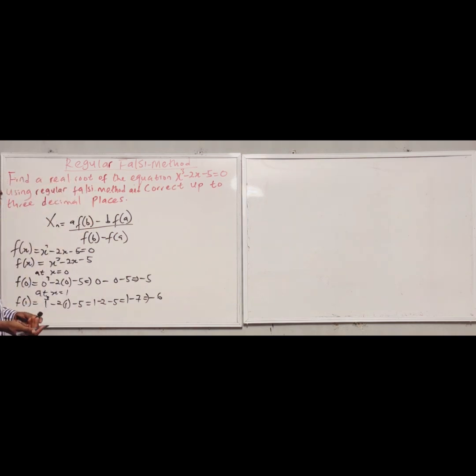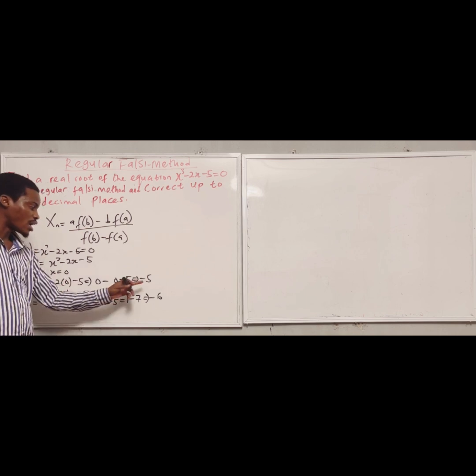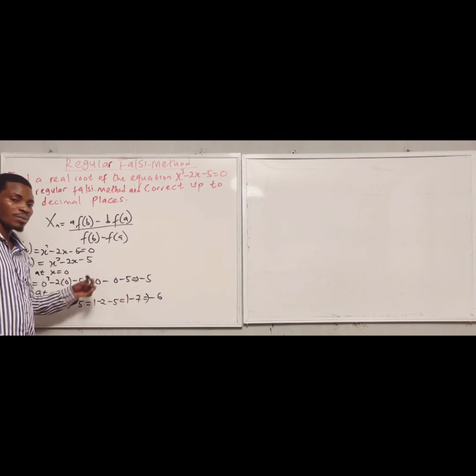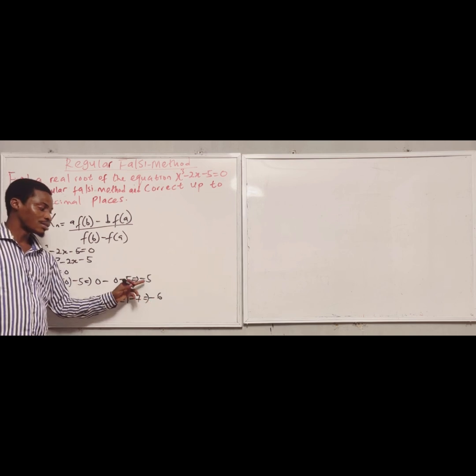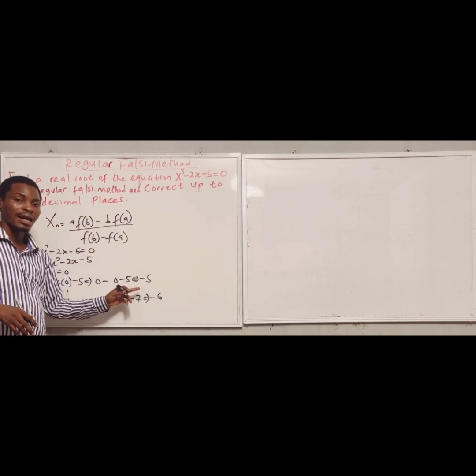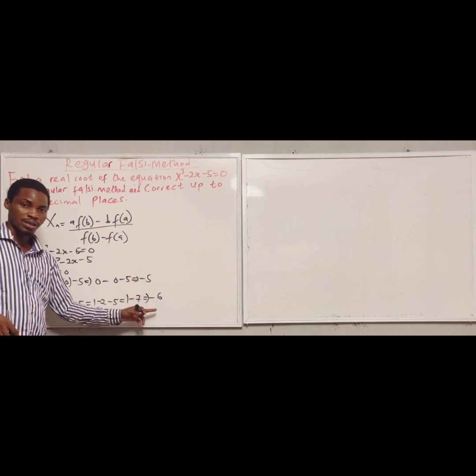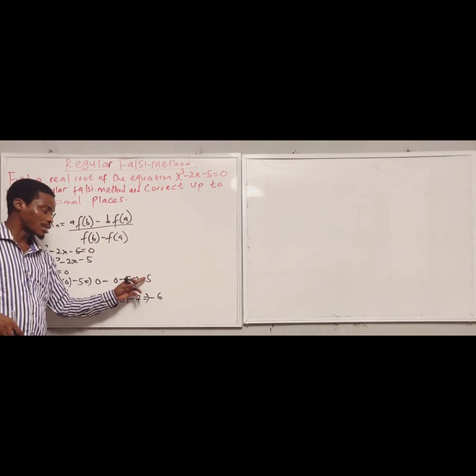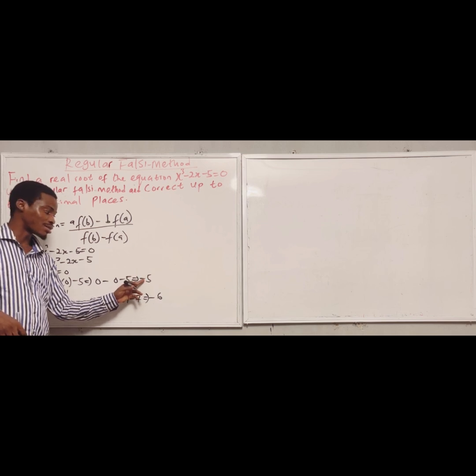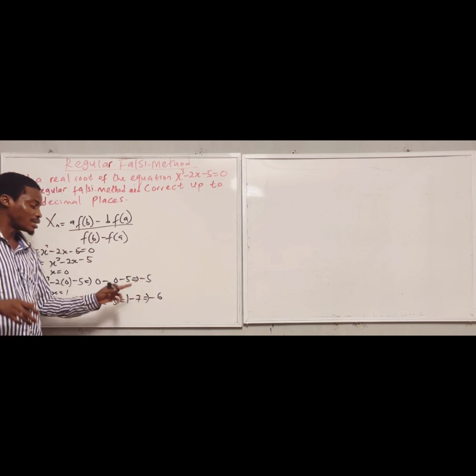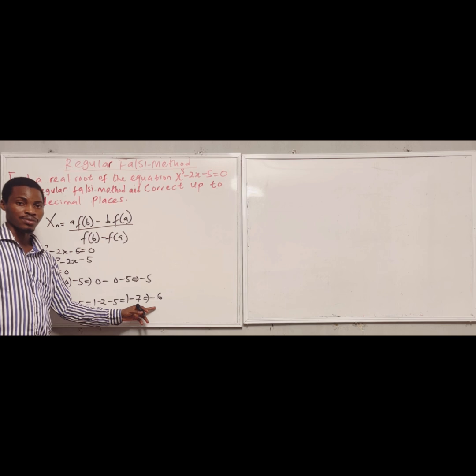I cannot stop here. My iteration cannot stop here. Why? Because in doing my iteration, at x equal to 0, I have a negative value, and at x equal to 1, I have minus 6. It means we need the negative and positive signs to alternate.